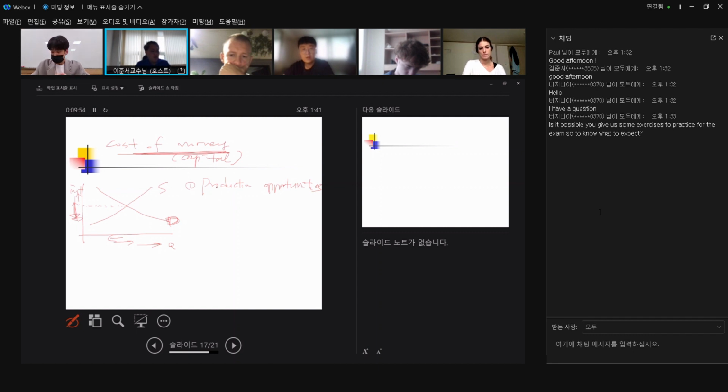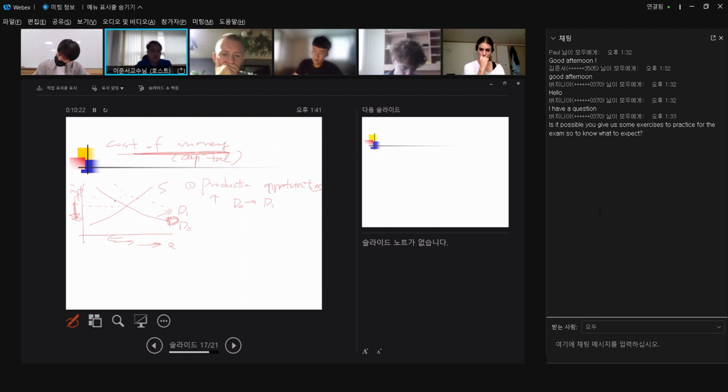Then what kind of line shifts? Definitely the demand curve shifts to D1 from D0. So if production opportunity is increased, then the demand curve moves upward, to D1 from D0, right?